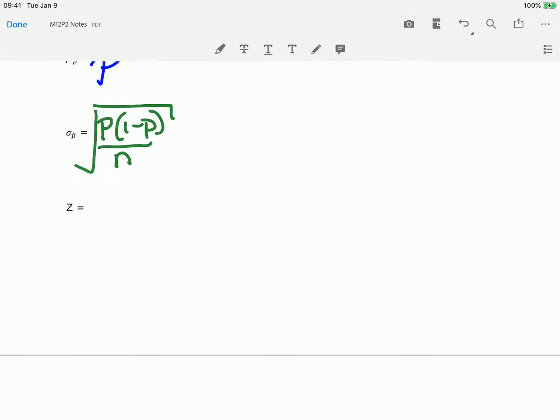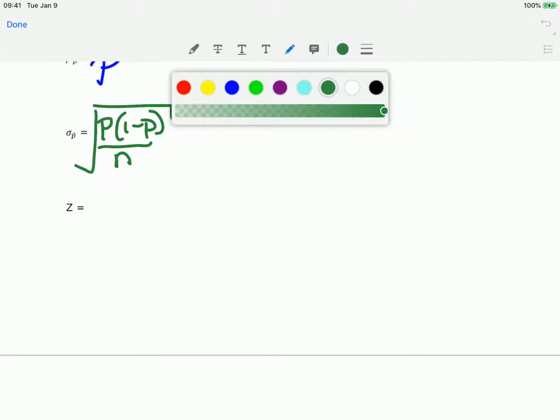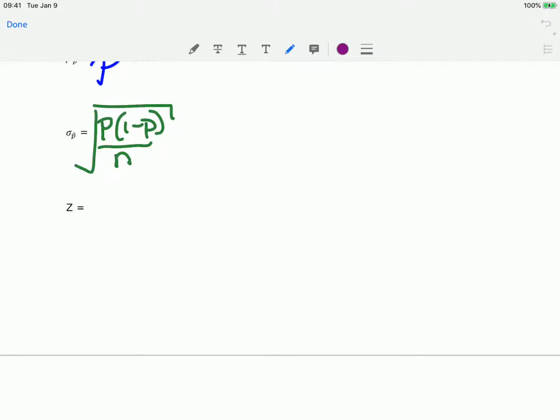Our z-score equation, I said we were going to use p hat in the z-score equation, and we are. It's going to be p hat minus p divided by the standard deviation, the square root of p times 1 minus p divided by n.